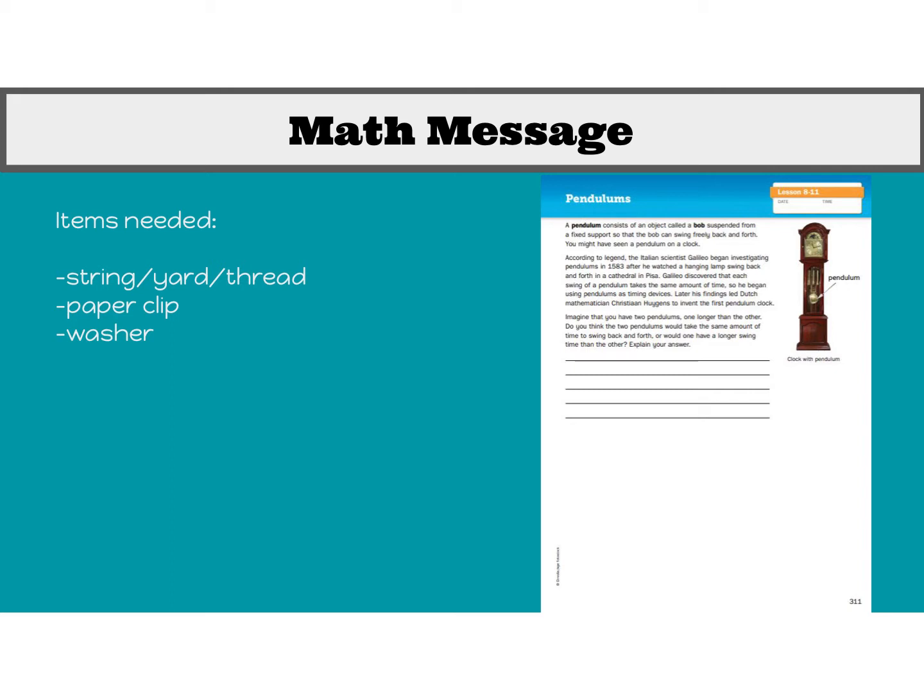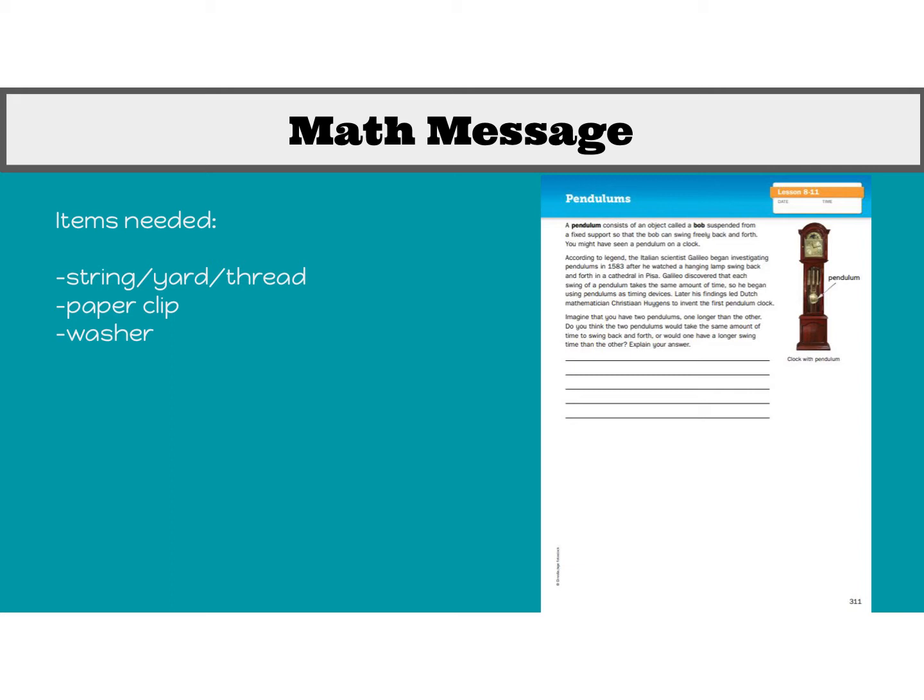So let's read about what in the world is a pendulum. And hopefully, as you look at this clock here, that might give you an idea. A pendulum consists of an object called a bob suspended from a fixed support so that the bob can swing freely back and forth. You might have seen a pendulum on a clock.